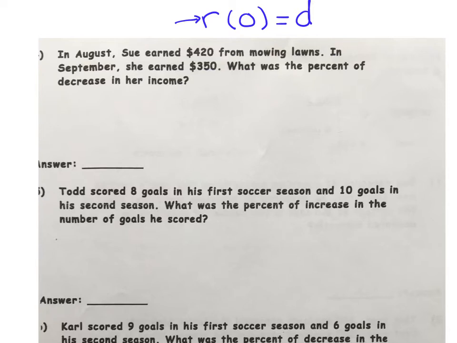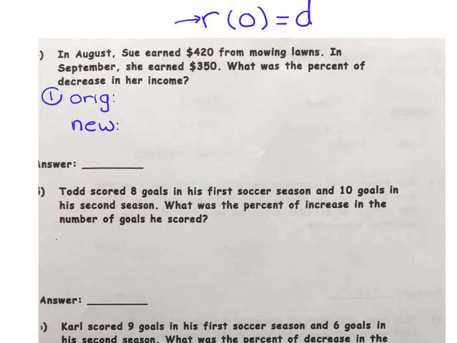For each one of these problems, you're going to have basically the same setup, and you're going to practice these 4 problems on your own. You're going to determine which amount represents the original amount, which amount represents the new amount, and then you're going to find the difference.